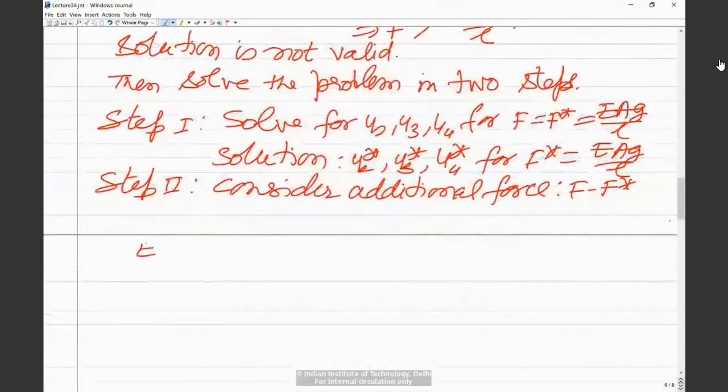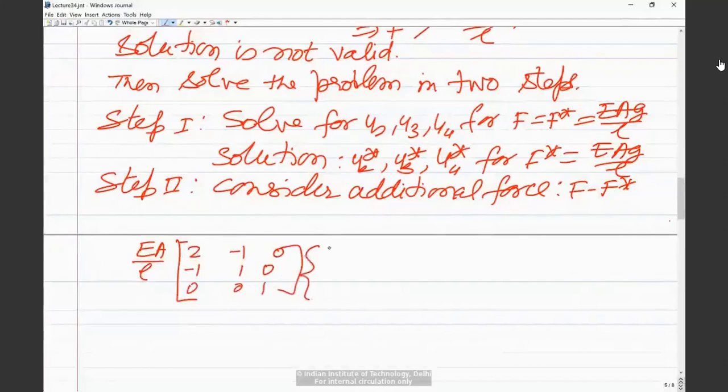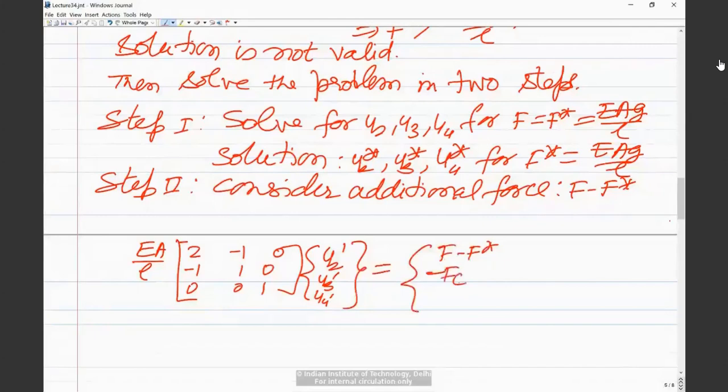Let us say the solution is given by u2 dash, u3 dash and u4 dash. So the equation is the same matrix, -1, 0; -1, 1, 0; 0, 0, 1, and the solution u2 dash, u3 dash and u4 dash will be equal to the right-hand side, where the incremental force is F minus F star, and there would be contact force minus Fc and plus Fc. Fc is the contact force.